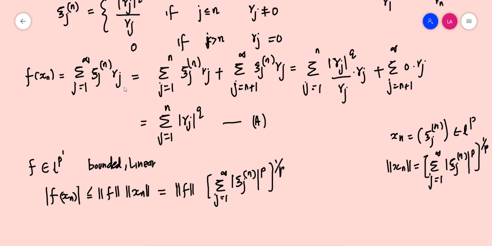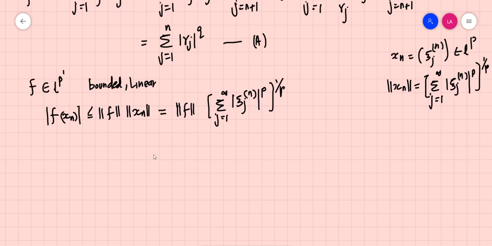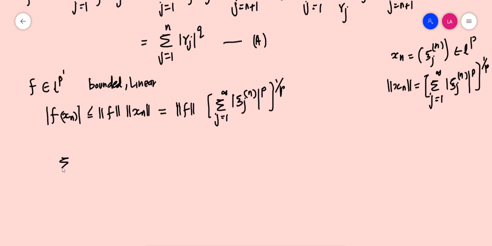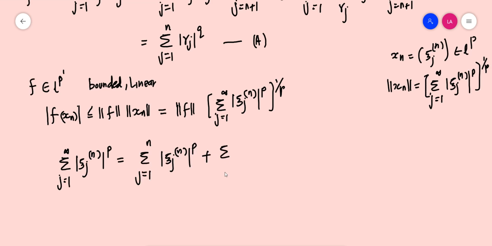Now we have already defined theta j in the case of theta jn. So the summation j equal to 1 to infinity of modulus of theta jn the whole raised to p can be written as the summation j equal to 1 to n of modulus of theta jn the whole raised to p, plus the summation j equal to n plus 1 to infinity of modulus of theta jn the whole raised to p.